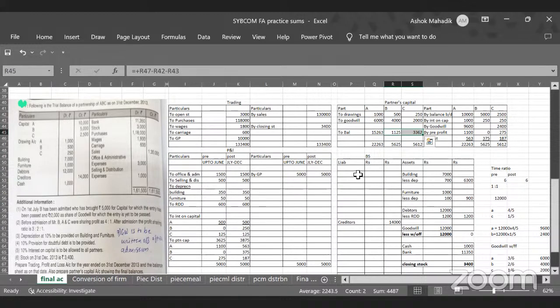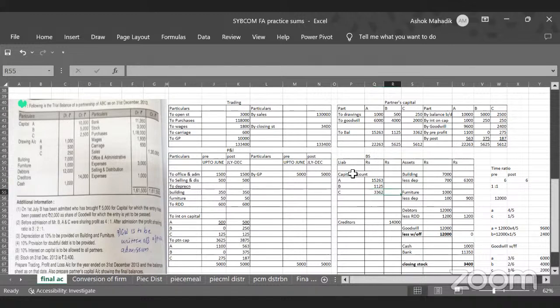Clear? Now these capitals will be recorded on the liability side. Okay, so I'll write capital accounts A, B, and C. Right? So I'll write their values. 15263, 1125, and 3362.